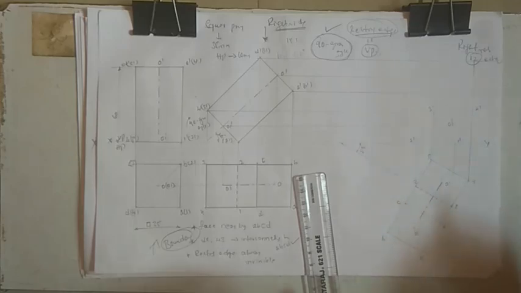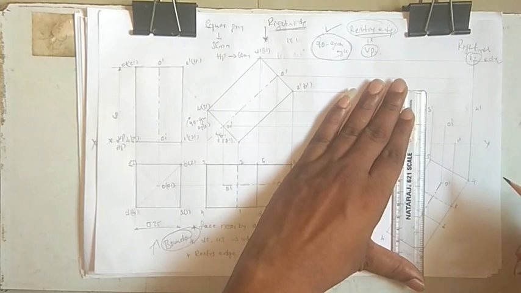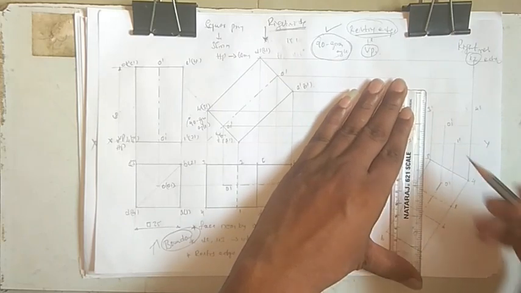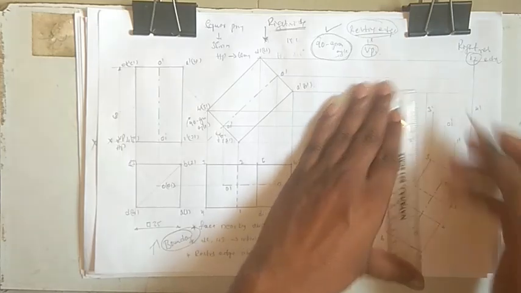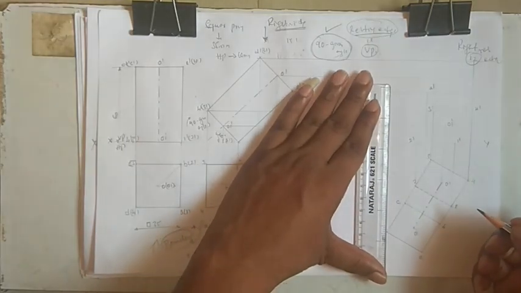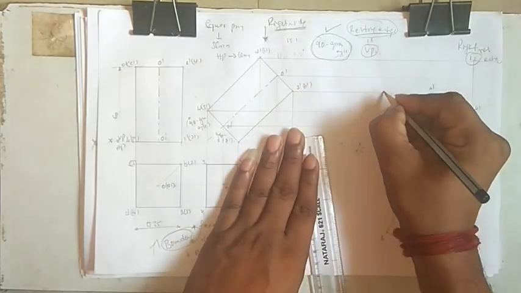So now we'll take ABCD. So we'll take A. So A is here. So this is our A dash. So we'll take B. So this is our B dash.